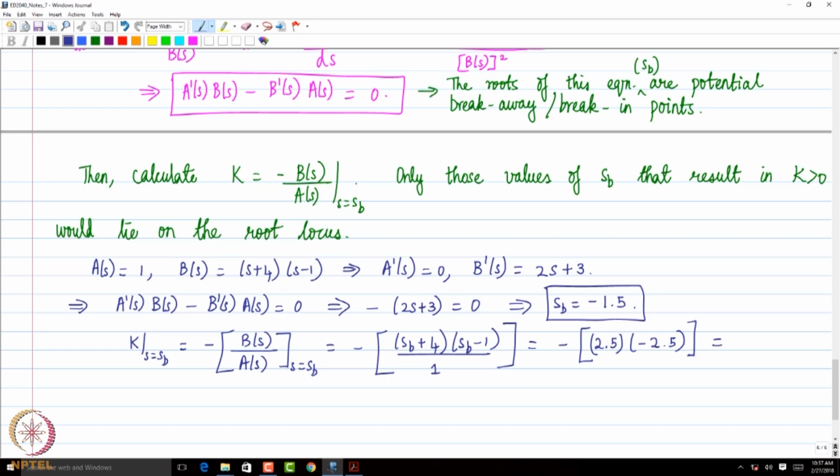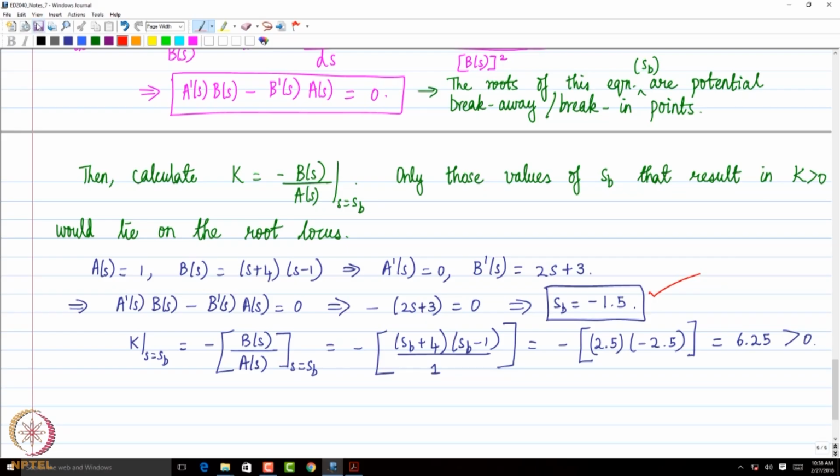What is 2.5 times 2.5? 6.25, but there is a minus sign and a minus sign which cancels off, it becomes plus, so you get 6.25 which is greater than 0, right. So, consequently this lies on the root locus. So, this is a breakaway point for the system that we are studying, because the corresponding value of k is positive, right, that is what we could figure out.